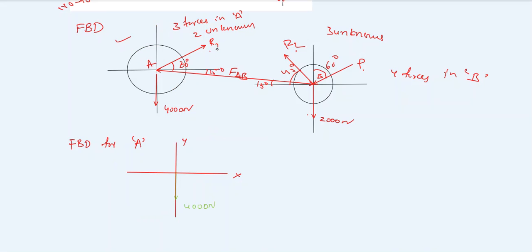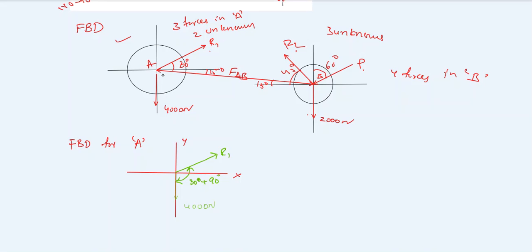Similarly, R1 is in the first quadrant, so draw R1 in the first quadrant. What is the angle between these two forces? Very simple. The angle between these two forces is 30 plus 30 degrees plus 90 degrees. Now FAB is going towards the second quadrant.